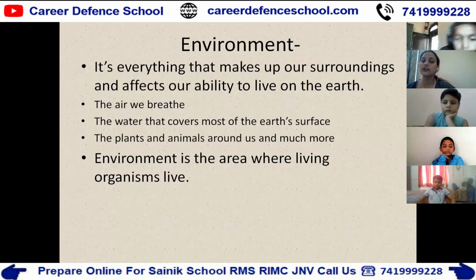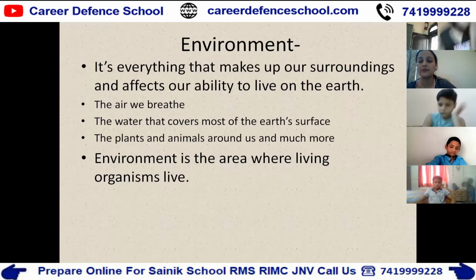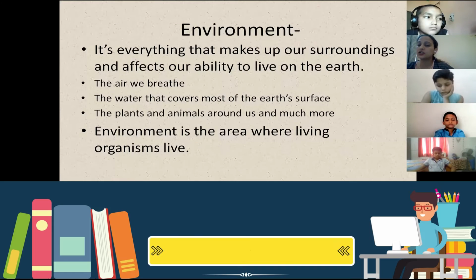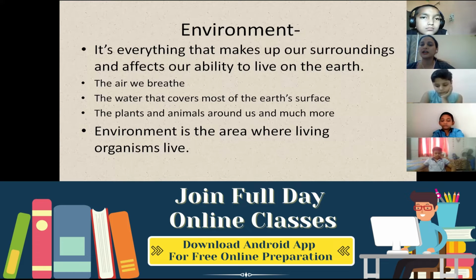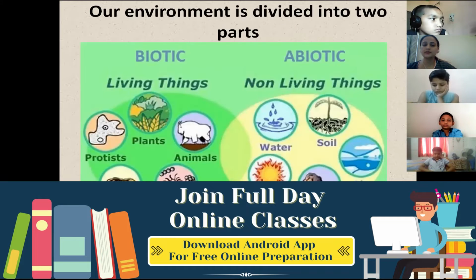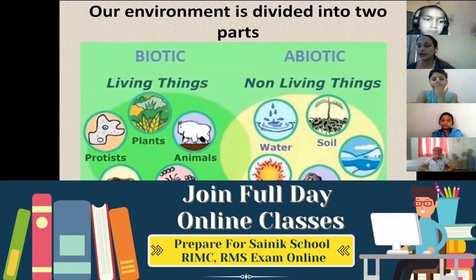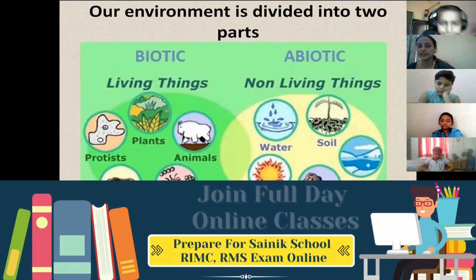Environment is the area where living organisms live. जहाँ पर living organisms live करती हैं, that is called environment. And जो हमारे living beings की life को able बनाते हैं survive करने में, that is called our environment. Means environment क्या होता है? Everything which is around us is called environment. So our environment is divided into two parts: biotic and abiotic components.